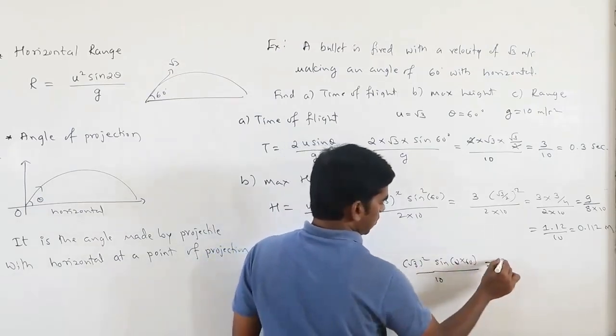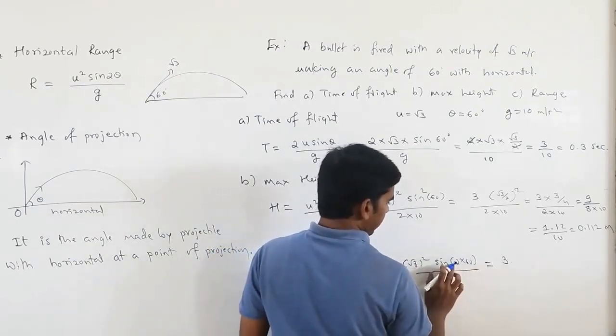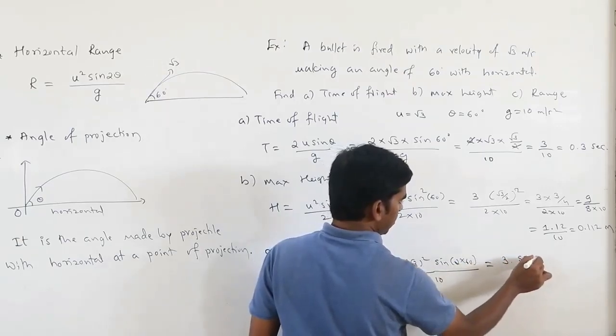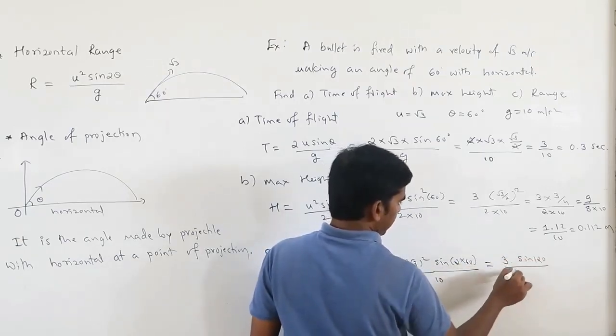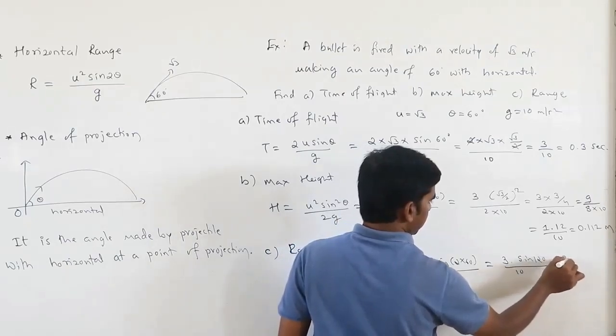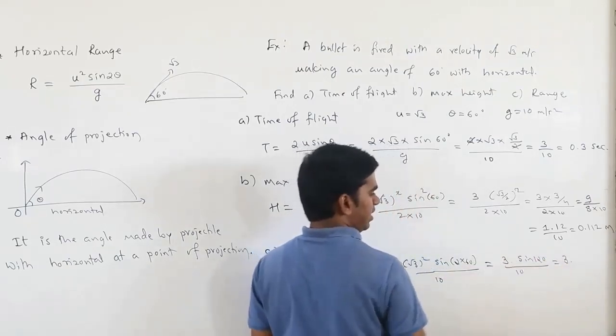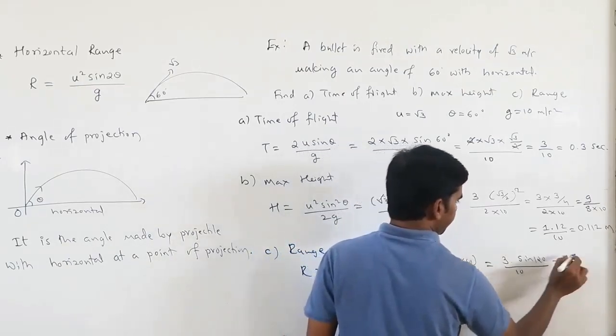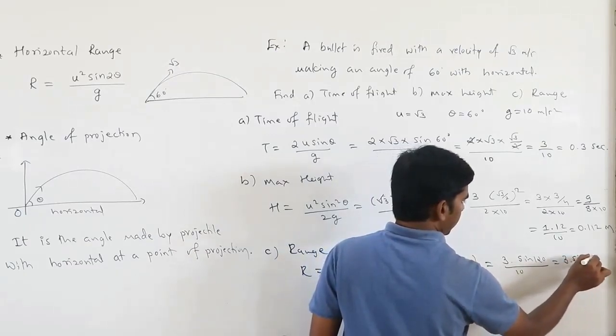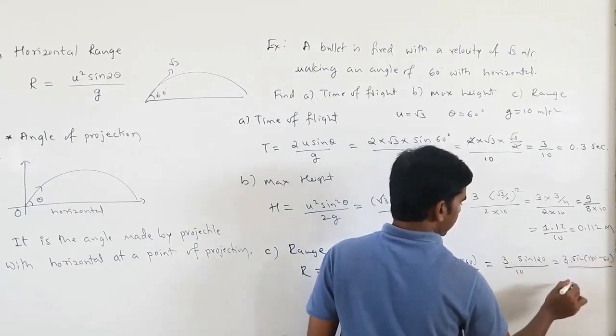So root 3 the square means it is 3, sine 2 into 60 means sine 120 divided by 10. So 3 into sine 120, can I write as sine 180 minus 60, divided by 10?